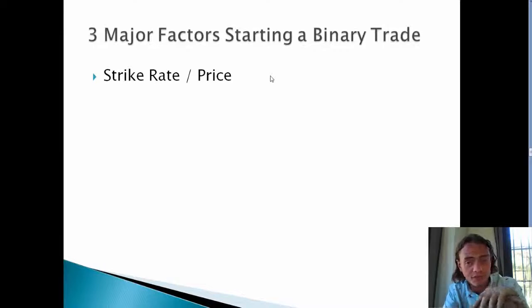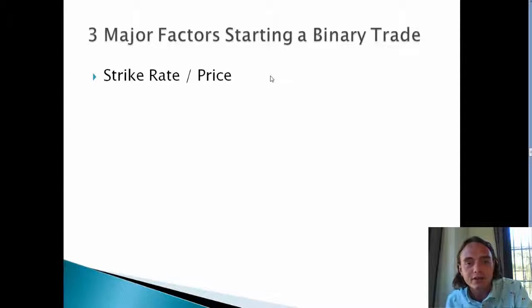If you've got a signal service that you're using, they will quote this. They will quote the strike rate or the strike price as the price that you need to have or better before placing a trade, because the signal that's being sent out may well be with a strike rate of, say, 1.100.